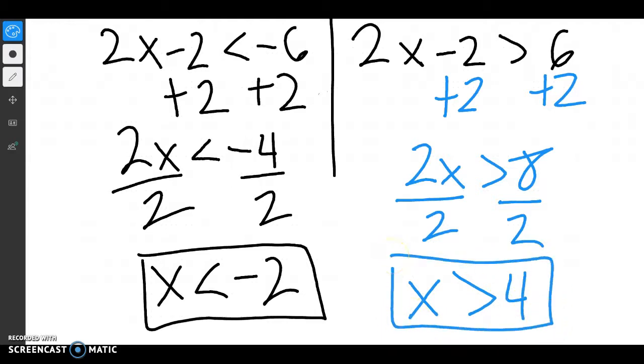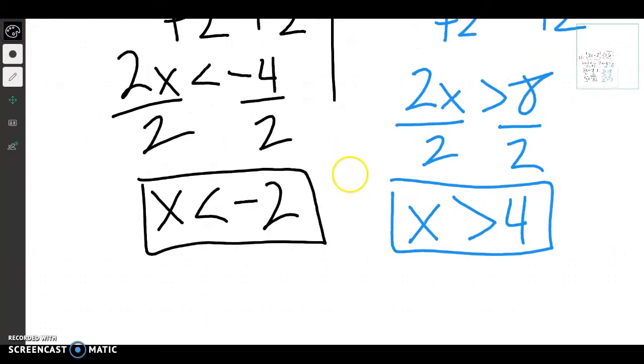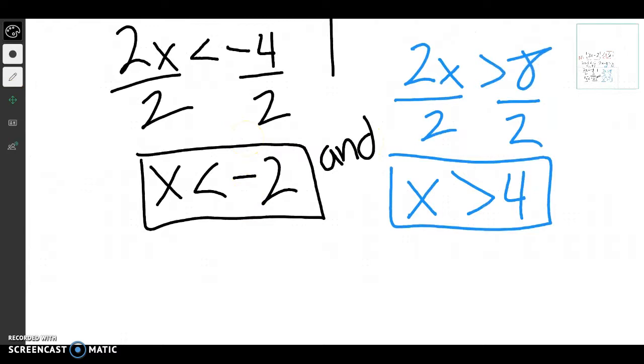Now let's see what kind of graph this gives us. So those are our answers. And this is an and statement in between. So we need both to be true. So let's kind of look at and think. We would need numbers that are bigger than 4, but are less than negative 2.